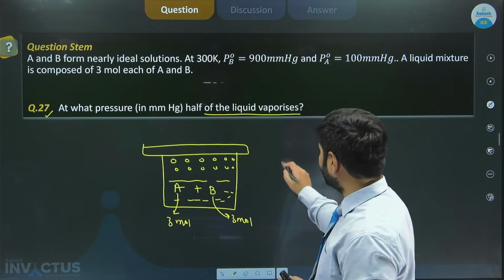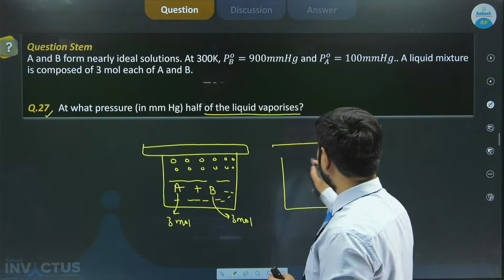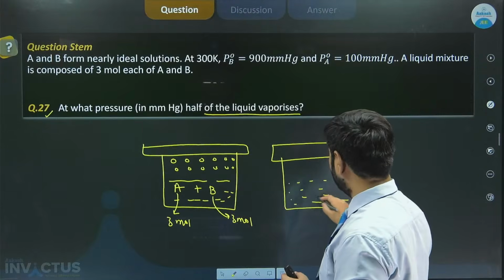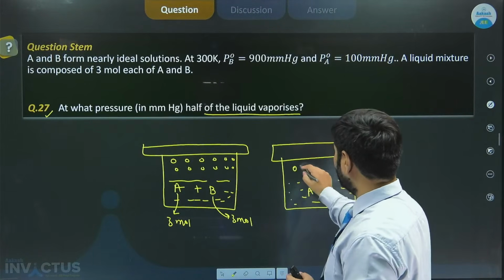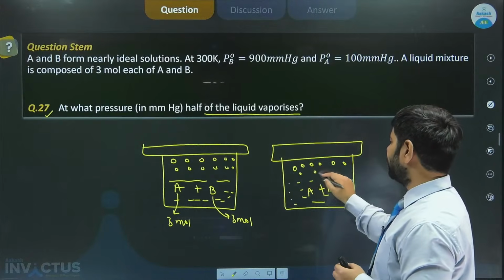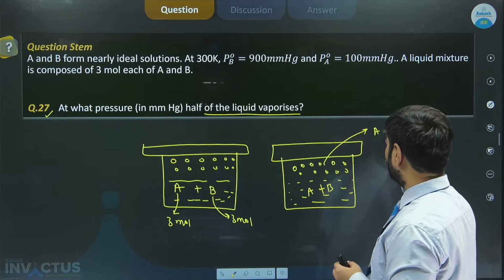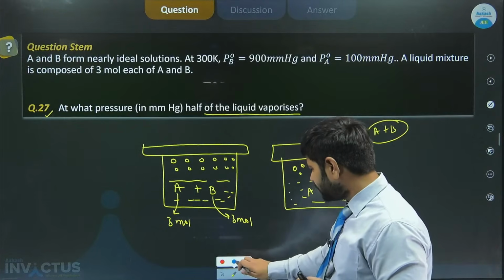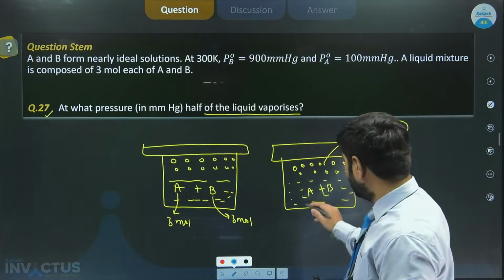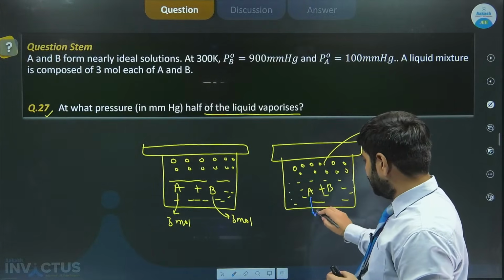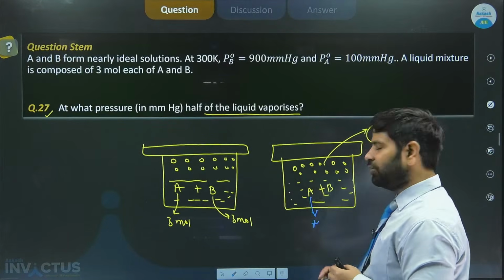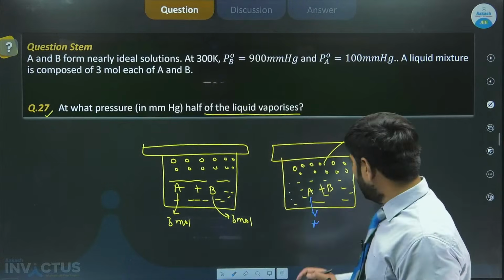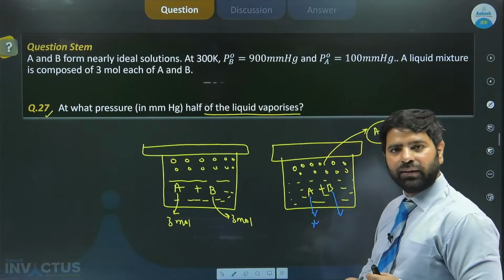So what will happen after the vaporization? After the vaporization, we will have A plus B in the liquid, and here the vapors of A and B as well. Let's say X moles of A are present in the liquid mixture after vaporization. And how many moles of B will be there?